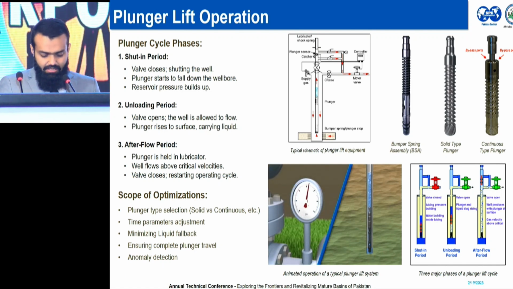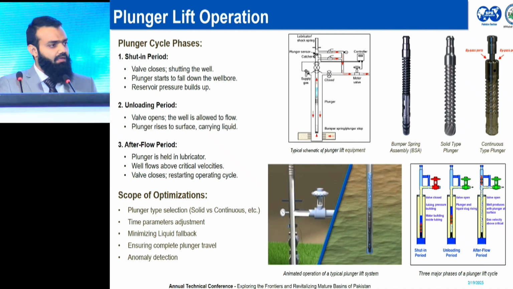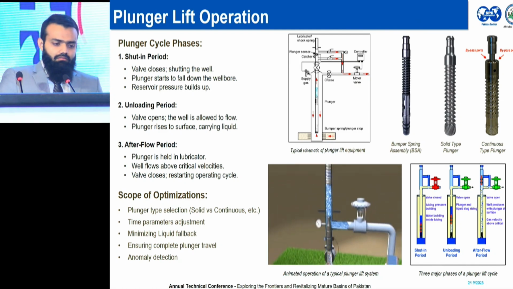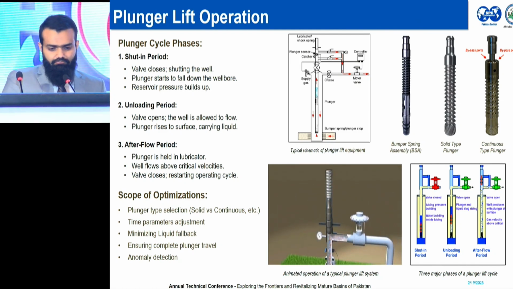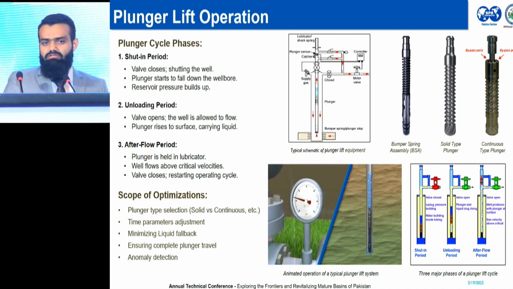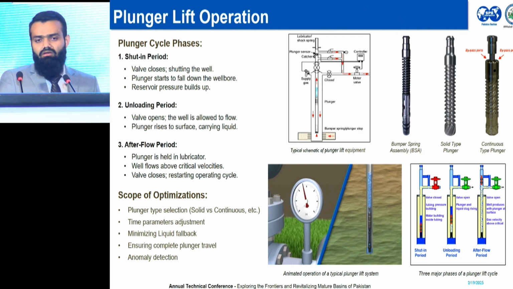So, having established that context, plunger lifts require frequent adjustments, particularly in the time parameters, due to varying reservoir conditions that arise from changing well dynamics, because the liquid loaded well is now unloading liquid.